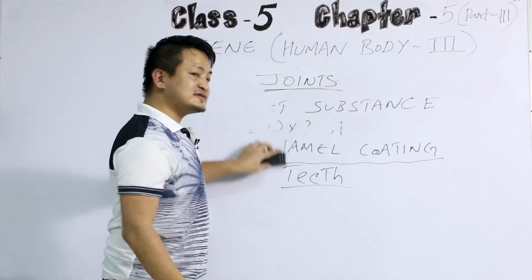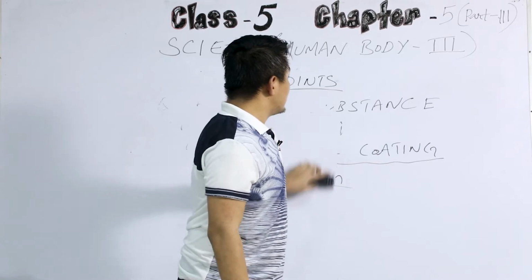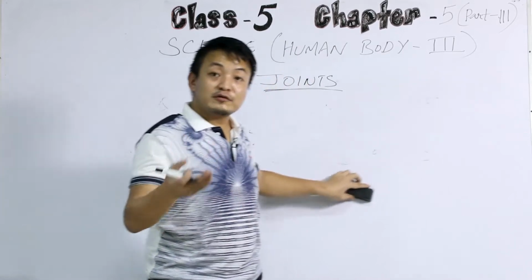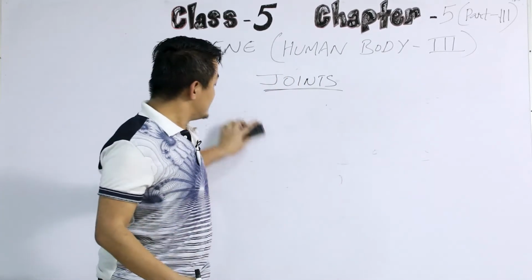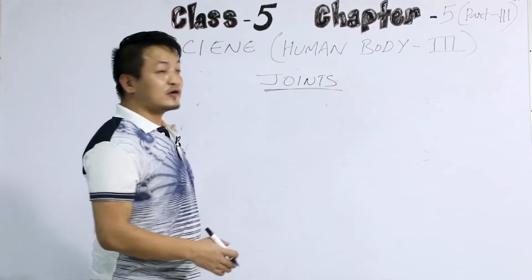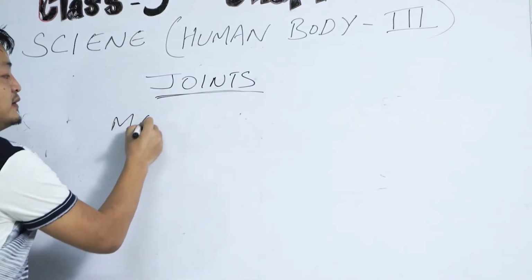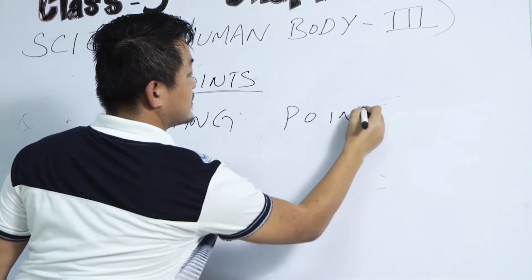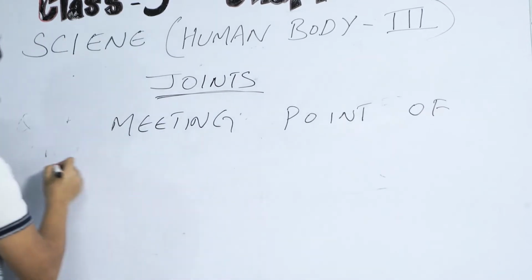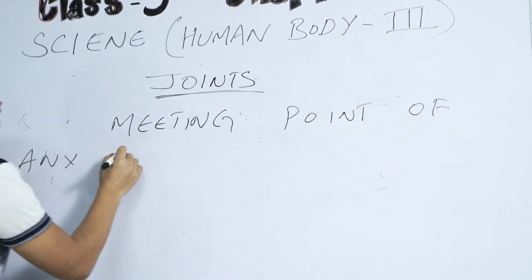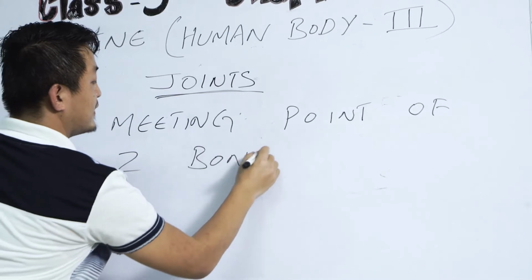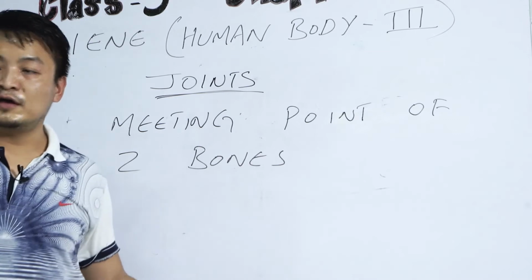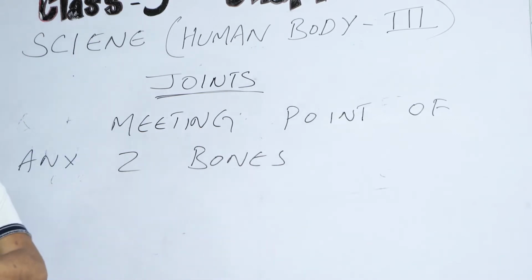In the last class I said that an adult human body is composed of 206 bones, all joined. Now we'll study these joints. A joint is the meeting point of any two bones. Now, how are they joined?